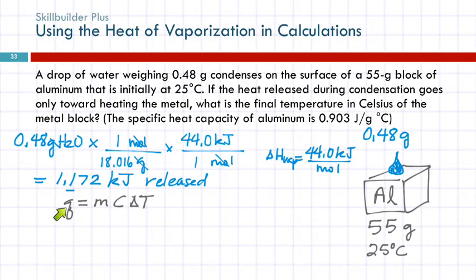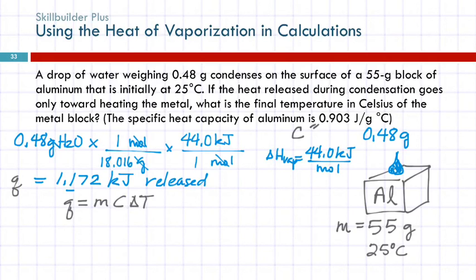So Q is heat, right? The heat was released by the water, it's absorbed by the aluminum. So this is our Q right here. And we need the mass. Well, we got the mass of aluminum. And we've got the specific heat capacity up here, that's the C. And what are they asking us to find?